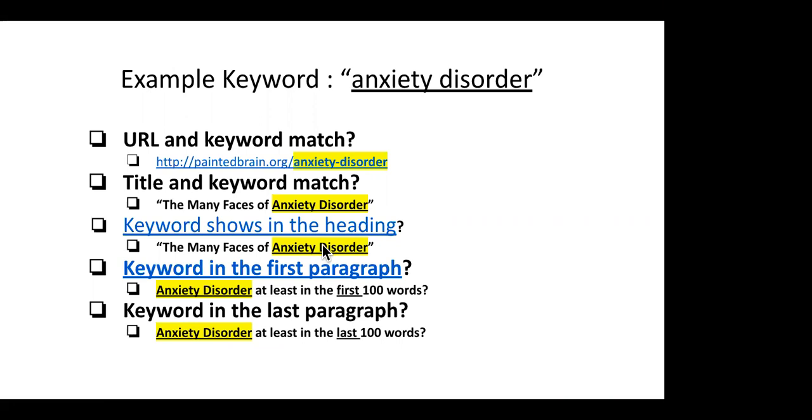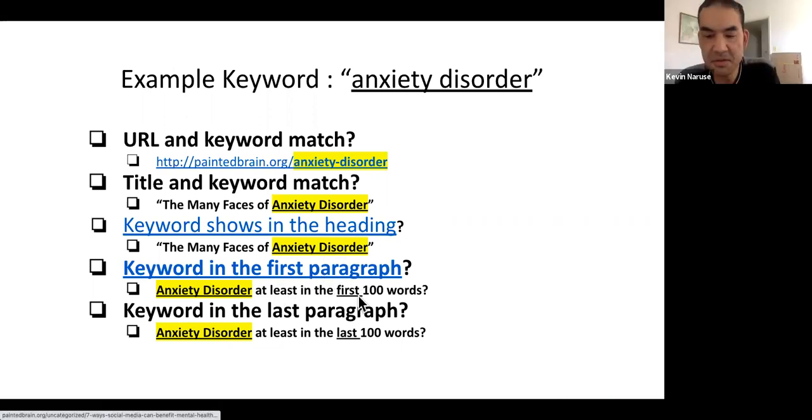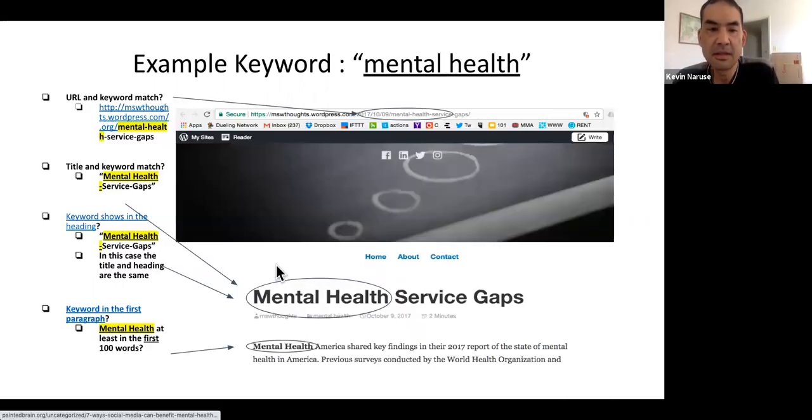Okay, first paragraph, last paragraph, just like a movie or a speech, very important. So this is one that one of our interns wrote about. URL keyword match, check. I have a checklist, which I also included in the stuff that I sent, and I'll send it again so it's there. And I managed to hit mental health at the top. Now, don't force it.